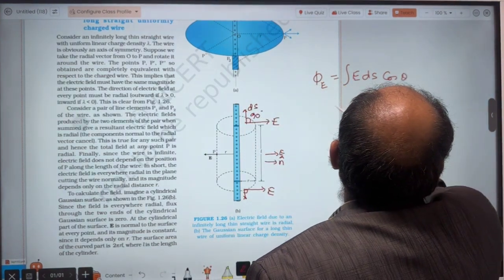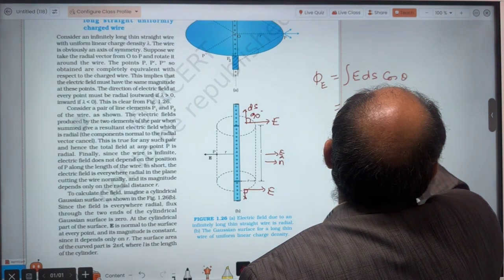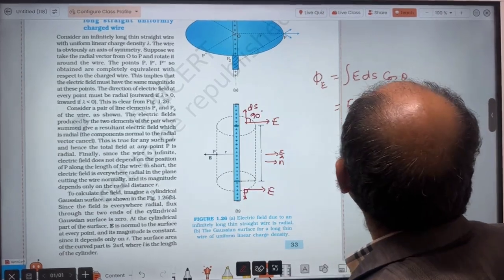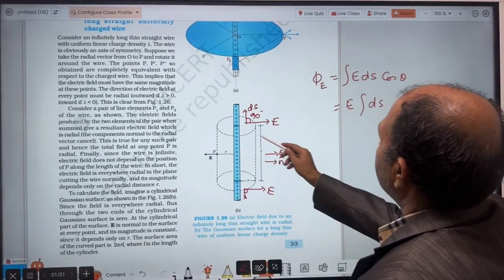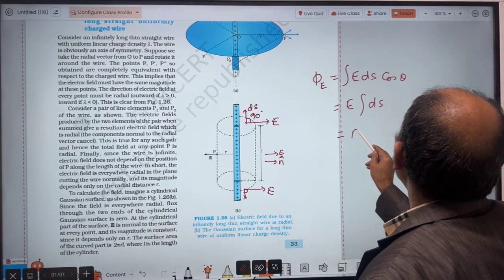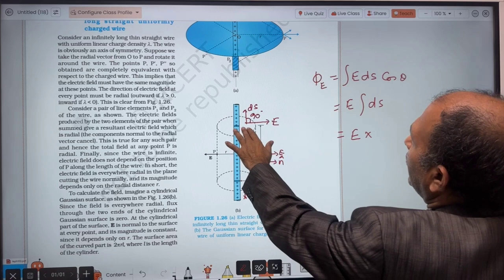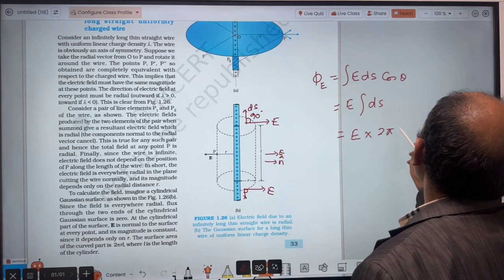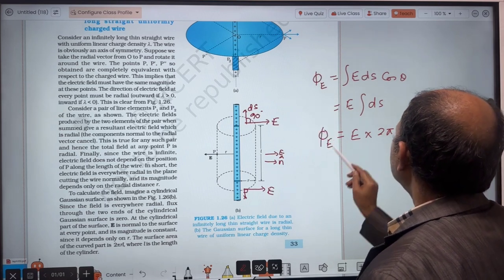Now E we can take outside and we just write ds, because theta is 0 degree, and here integration ds represents the curved surface area of the cylinder. So E times 2 pi r l, as the radius is r and the height is l. So this is phi E.